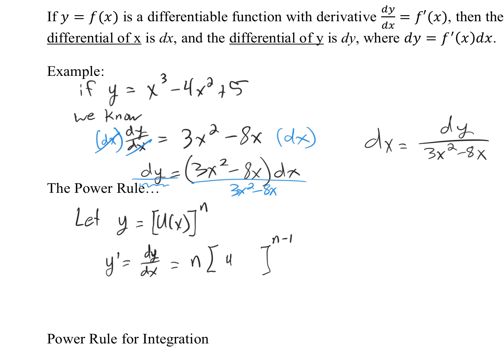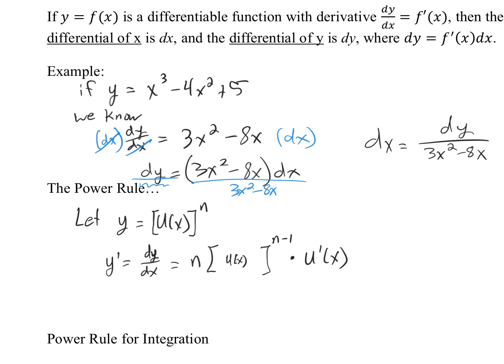Let's go ahead and take the time to write the function u of x. And then afterwards, because this is an application of the chain rule, we've taken the derivative of the outside. We still have to take the derivative of the inside and chain it on at the end. What is the derivative of u of x? It's just u prime. So we would multiply by u prime of x.